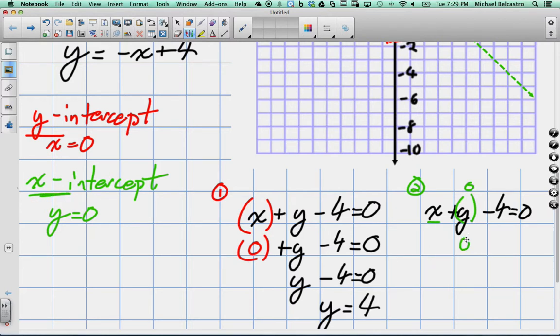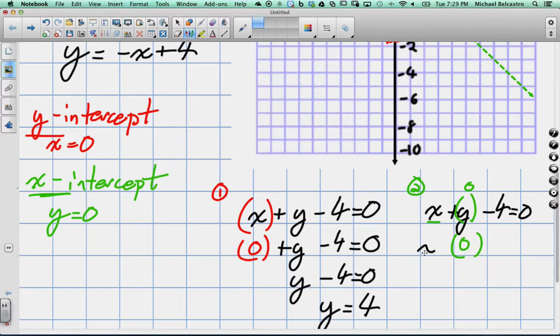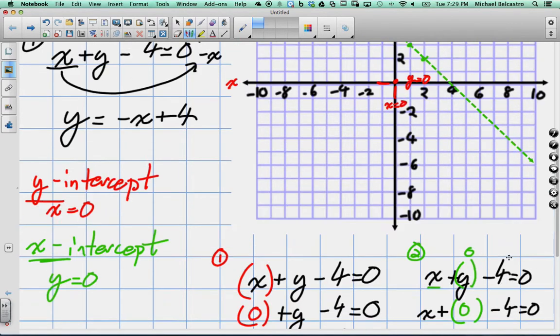So we replace y with the value of 0, and we get x plus 0 minus 4 equals 0. Do we need to include that 0? No. So this becomes x minus 4 equals 0. And what does 4 become on the other side? Positive 4. So it just so happened the x and y intercepts both happen to be positive.